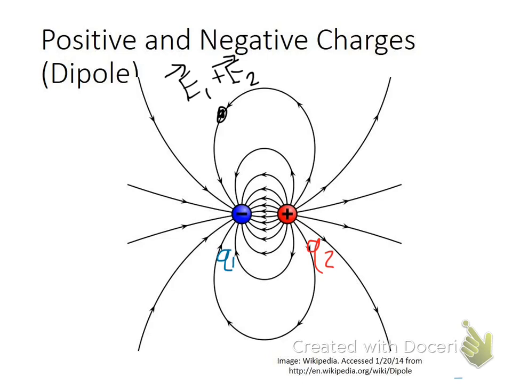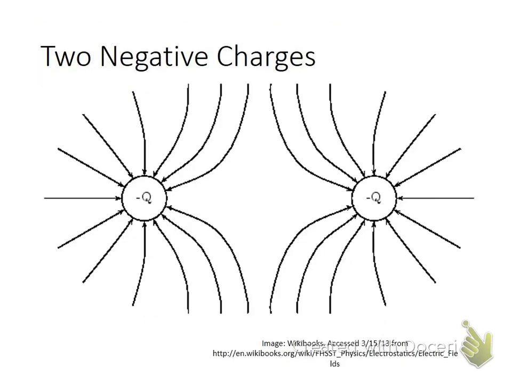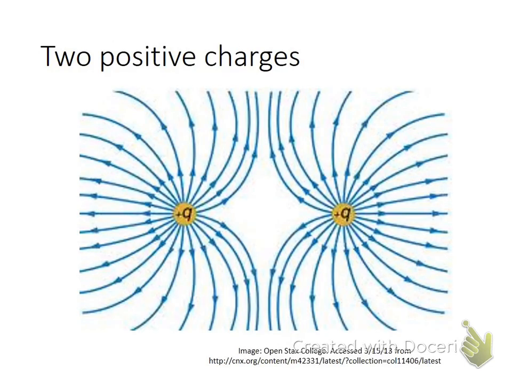So I need to figure out which way is E1 pointing, the electric field just due to Q1, which way is the electric field just due to Q2 pointing, E2, break them down into X and Y components, and vector add them. Fun. If you've got two negatives, it's the same thing, except now both sources have the field lines pointing toward them. And same deal with two positives, except both sources have field lines pointing away from them.